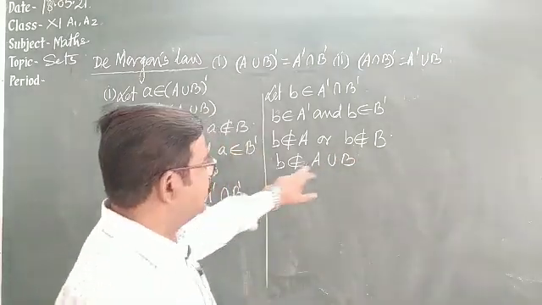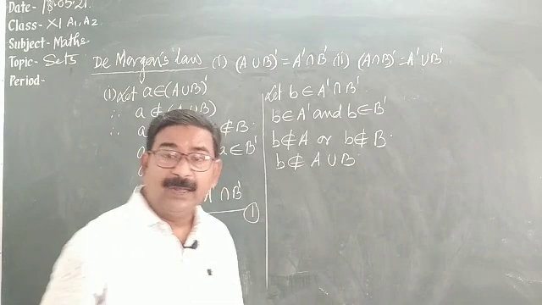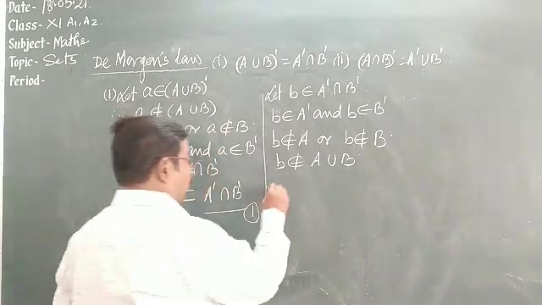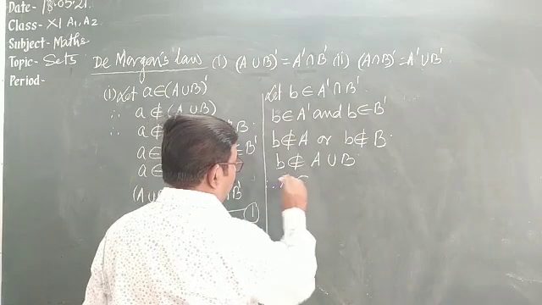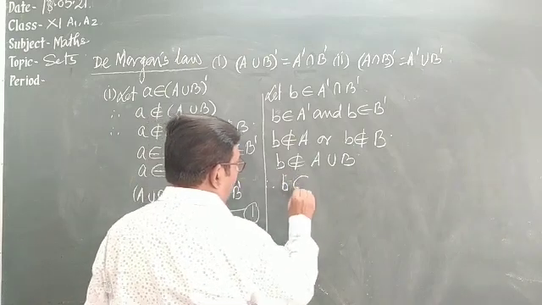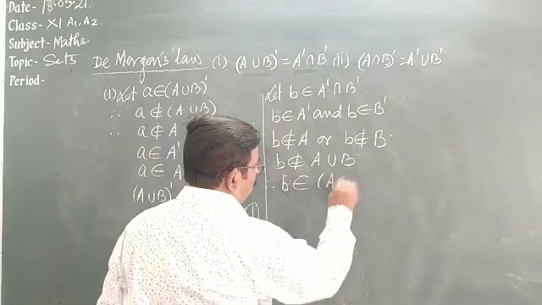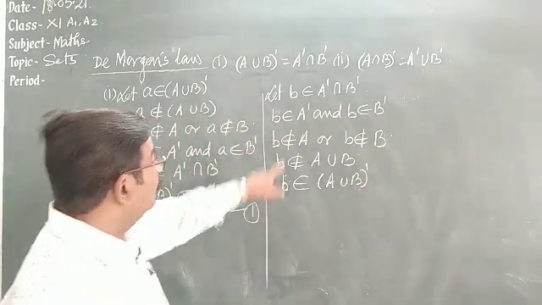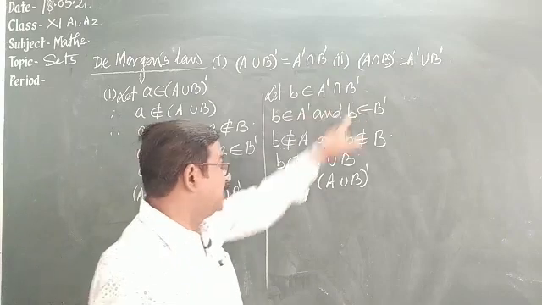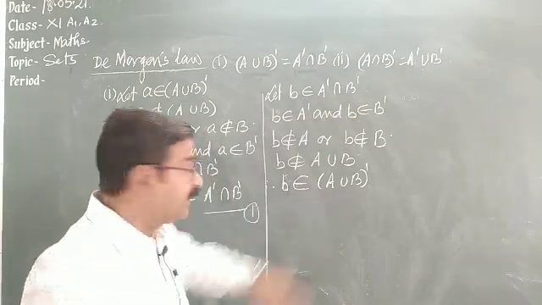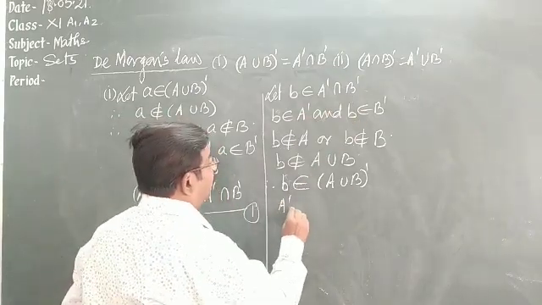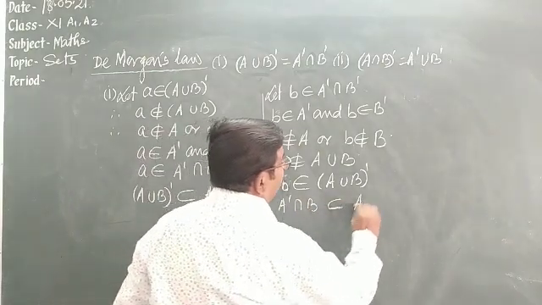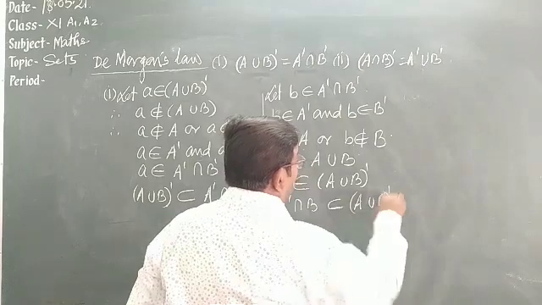So if b is not found in A union B, where will it be found? It will be found in its complement. Therefore b belongs to (A union B) complement. So here b was found in the second set and b is found in the first set. So we can write A dash intersection B dash is a subset of (A union B) complement.